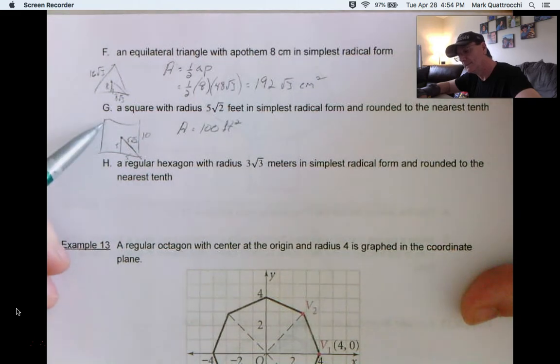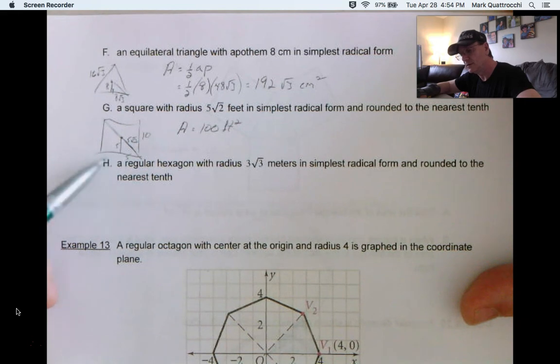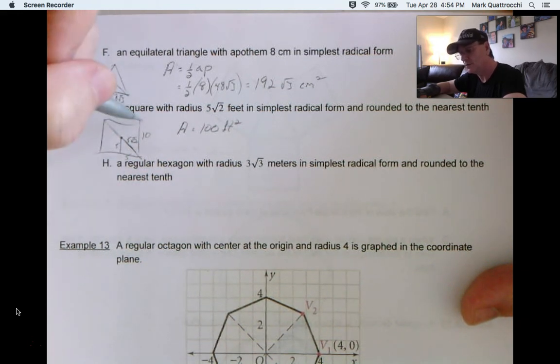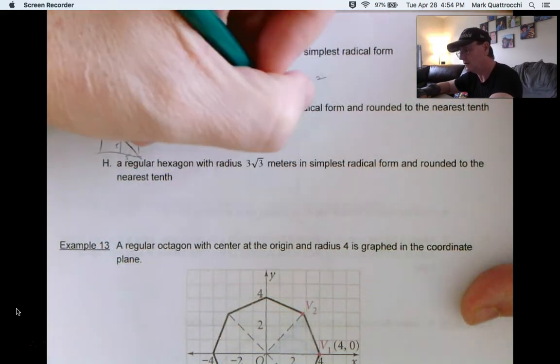Another way of doing it. This is 10 square root 2. So if this is 10 square root 2, then these are 10. Another way of doing it, if this is 5 square root 2, this is also 5 square root 2. 1/2 times 5 square root 2 times 5 square root 2.